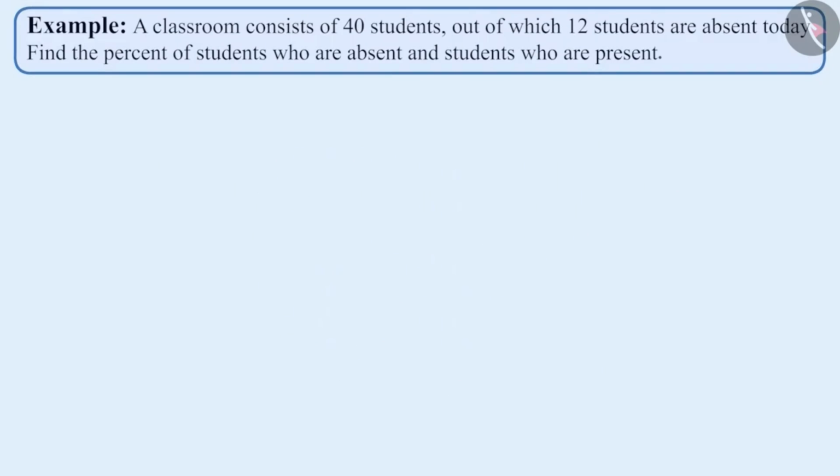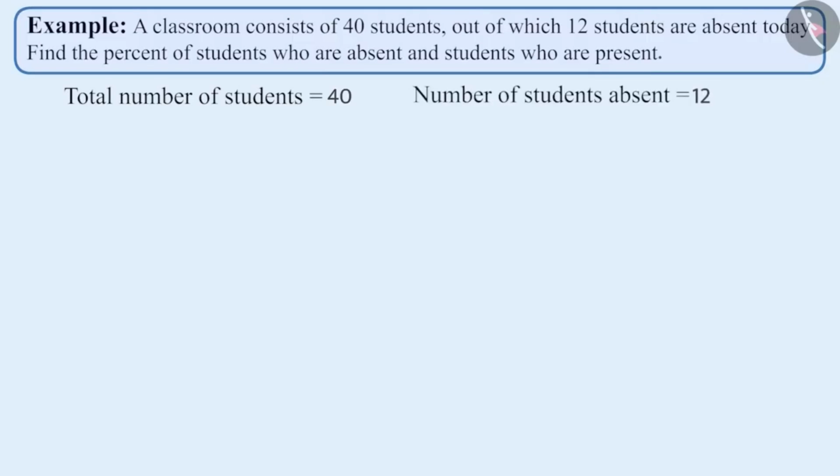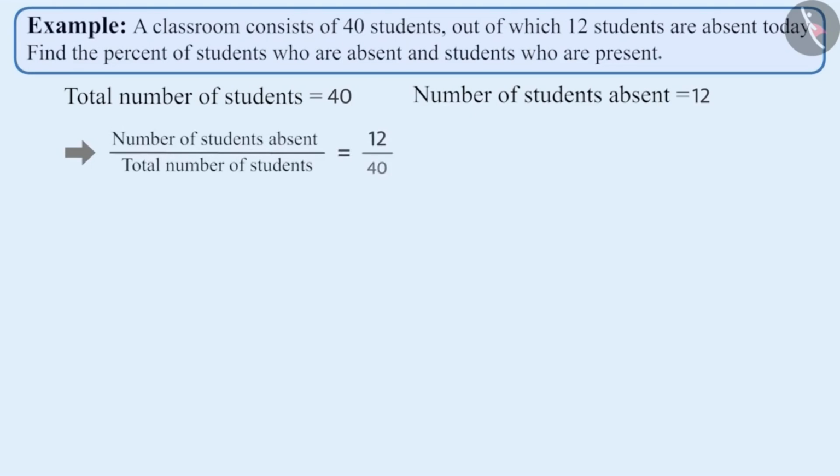The total number of students in the class is equal to 40. The number of students absent is equal to 12. Therefore, the number of students absent comprises 12 by 40 part of the total number of students. To express it in percent, we have to convert the denominator of the fraction to 100.